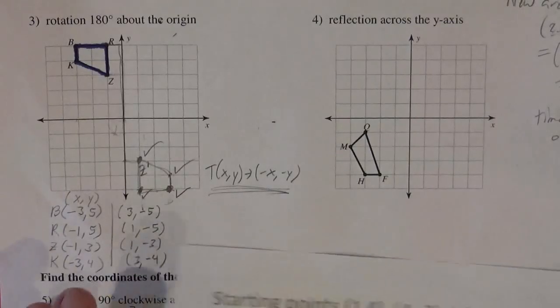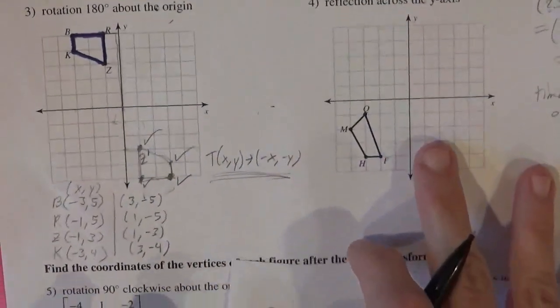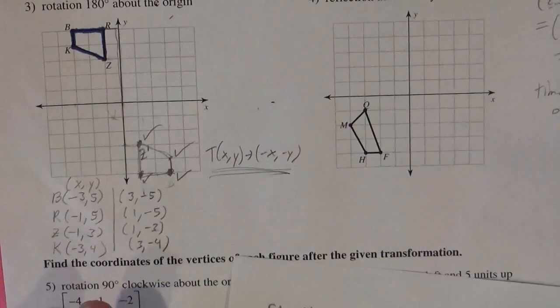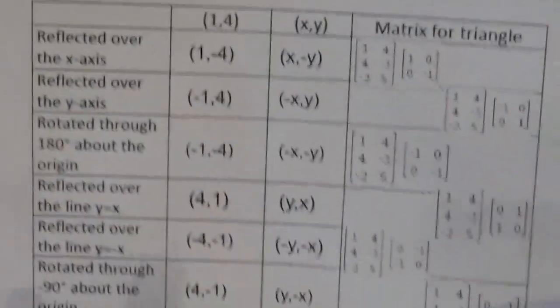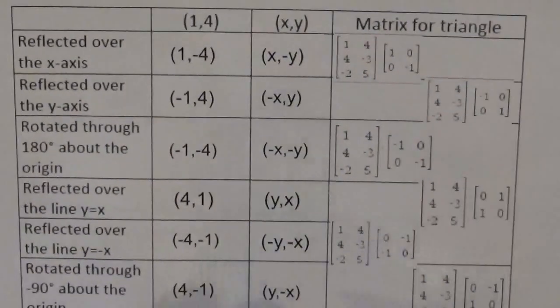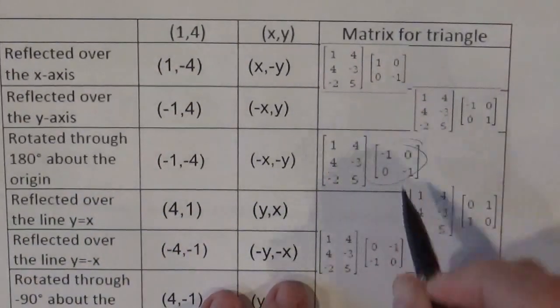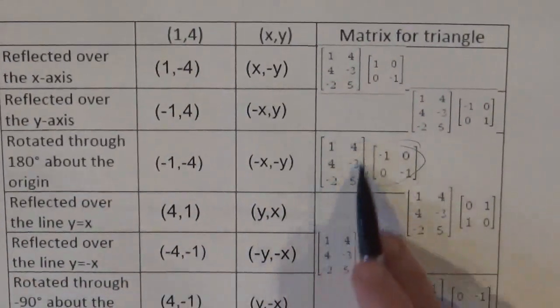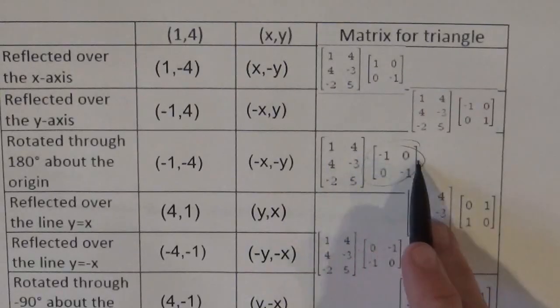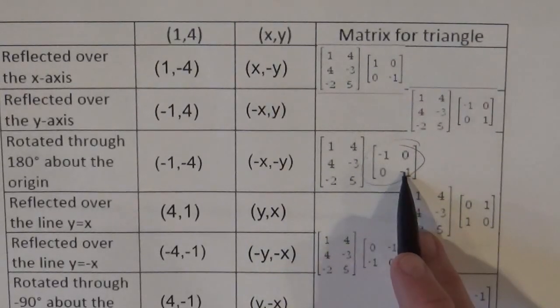That's fine for high school geometry, but if you want to go a step farther, they've also got this on our cheat sheet. For 180 degrees about the origin, we could use this matrix transformation. We could multiply the points in our matrix by that guy there.